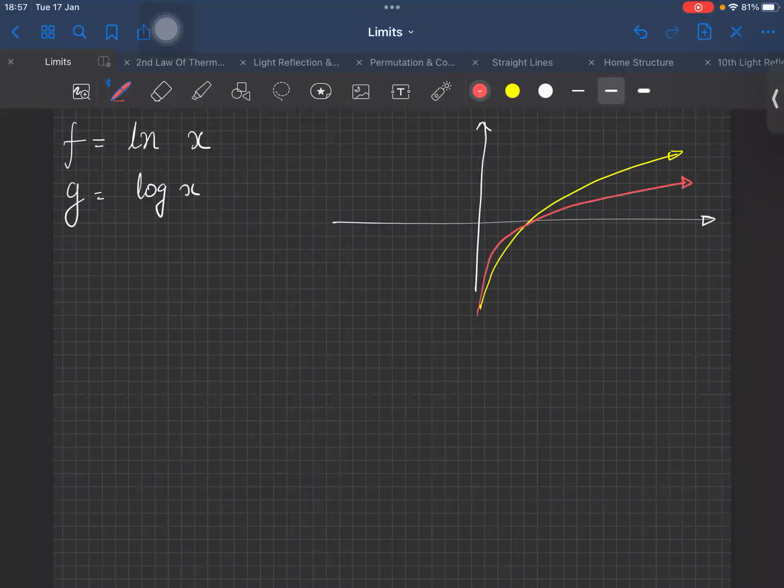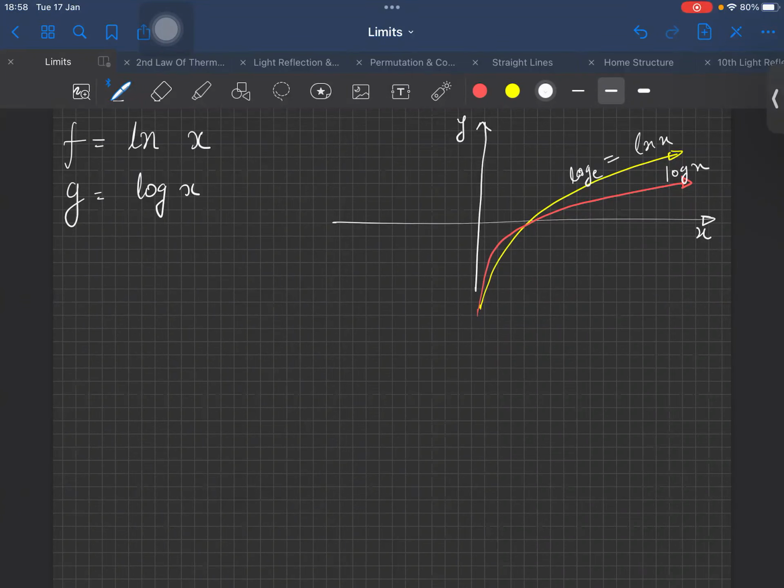Understood? That's how they vary on the xy plane. So this is x, this is y, this is ln x, this is log x.